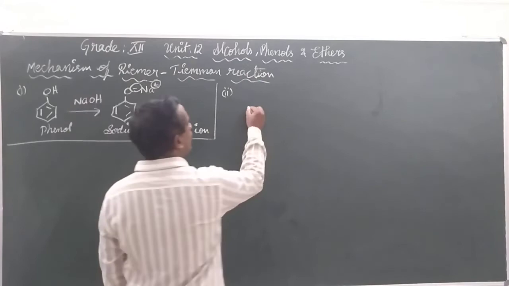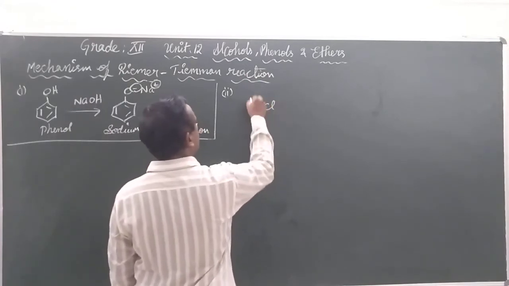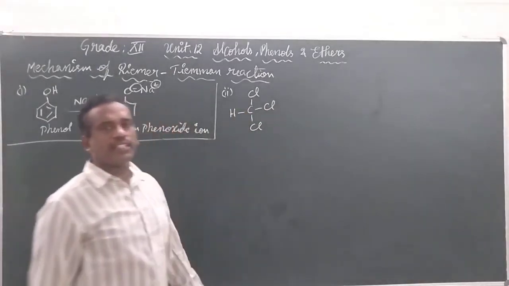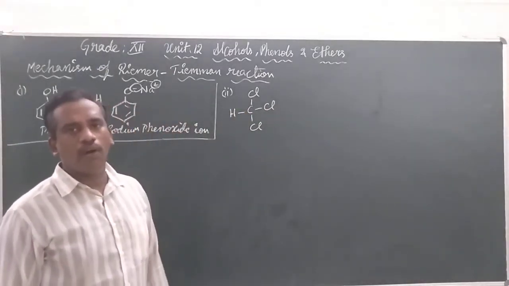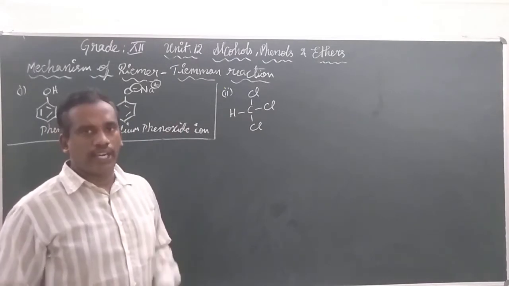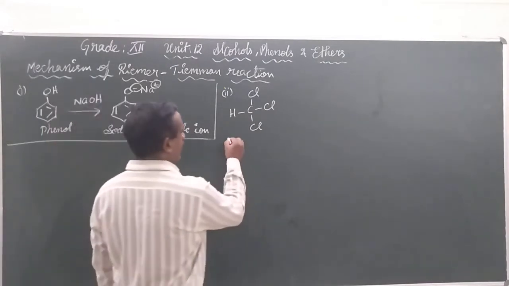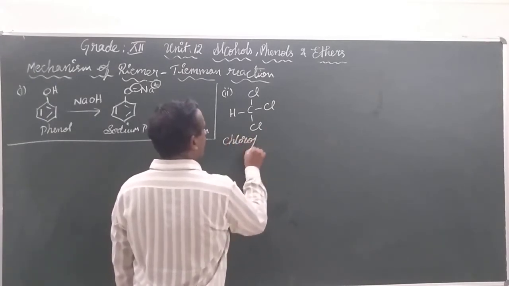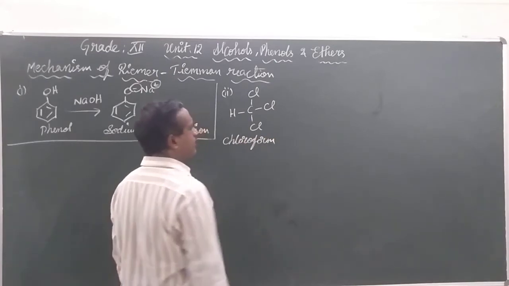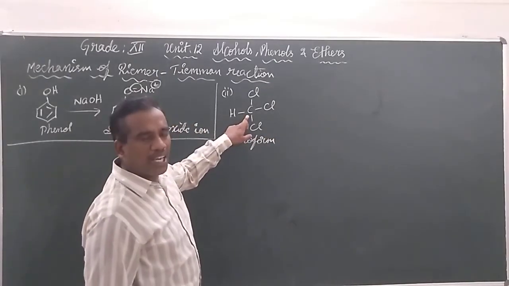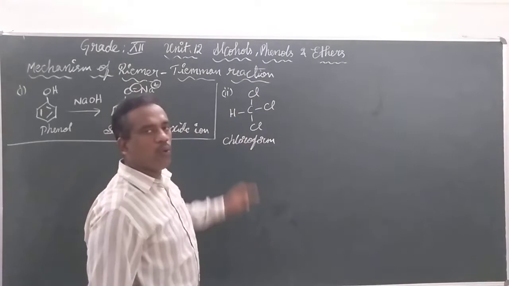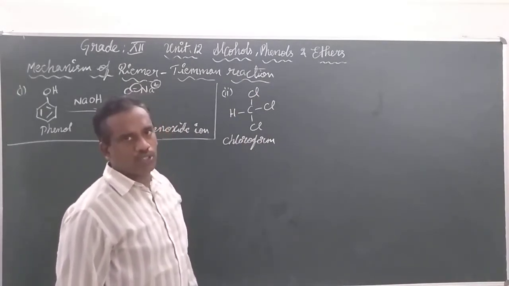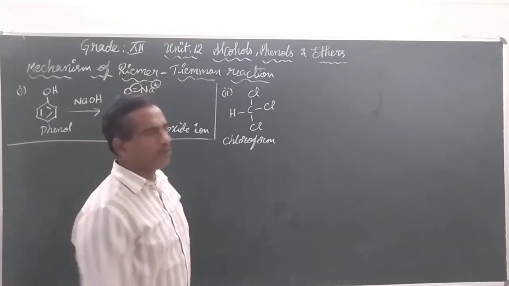So, the chloroform, once we study here, it is the arrangement of carbon trichloride. Now let us observe, in this, the carbon is bonded to 3 electron withdrawing atoms, that is chlorine atoms.